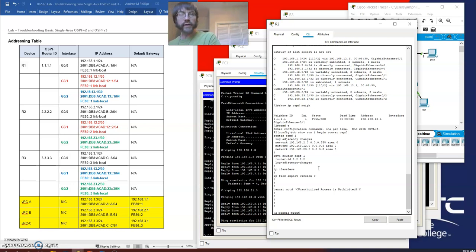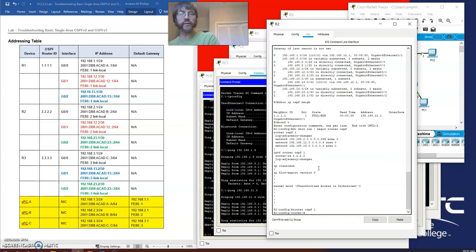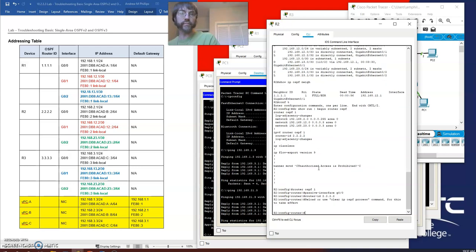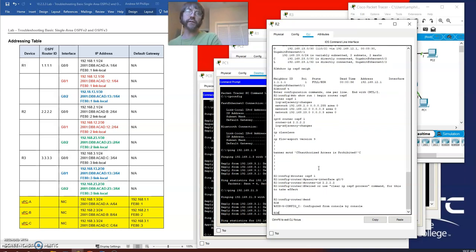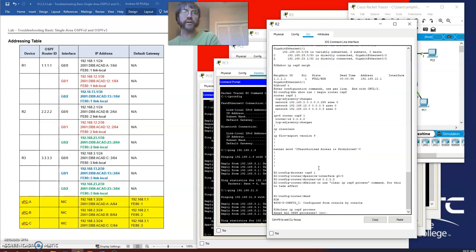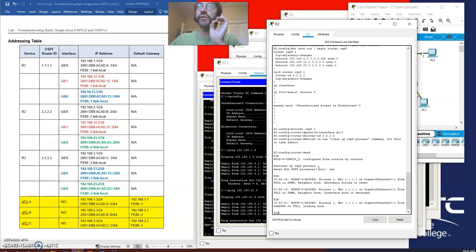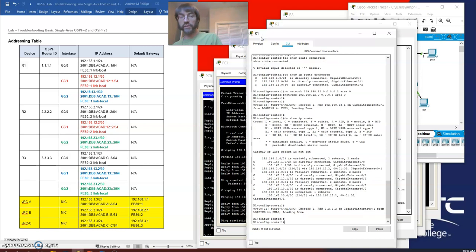So router OSPF 1, passive interface gig0/0, and then router ID 2.2.2.2, and then we have to end and clear IP OSPF process. Yes. Now, so the neighbor relationships are going down and they're coming back up. Notice that we are not actually clearing the v6 process at all.